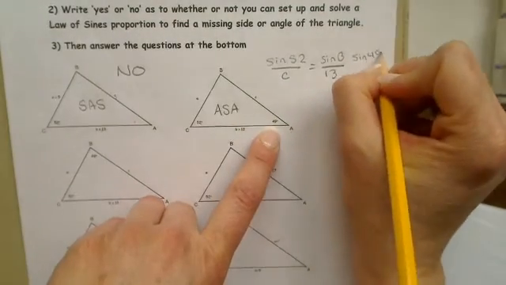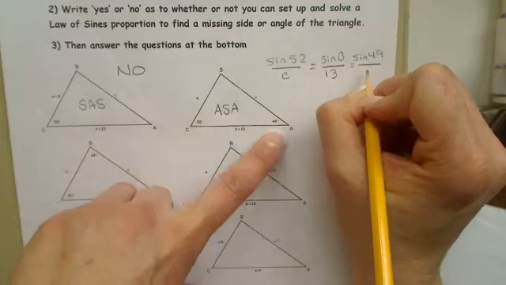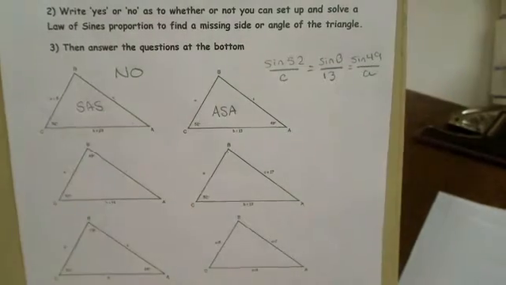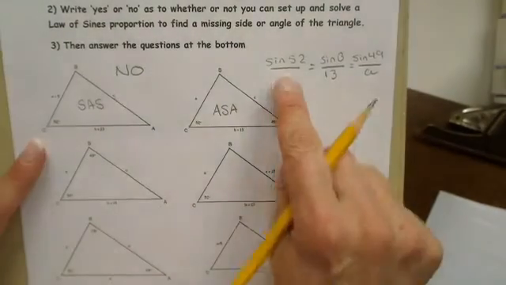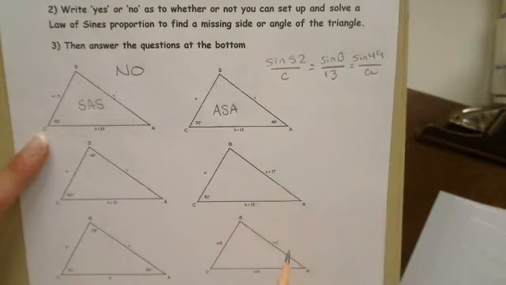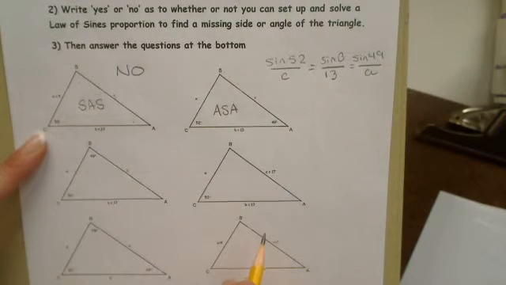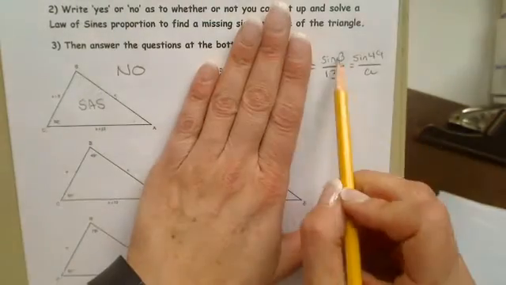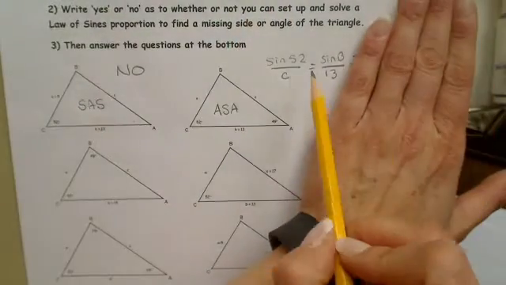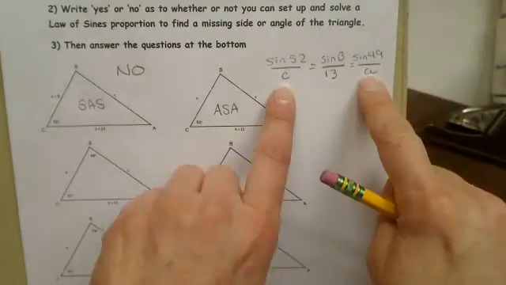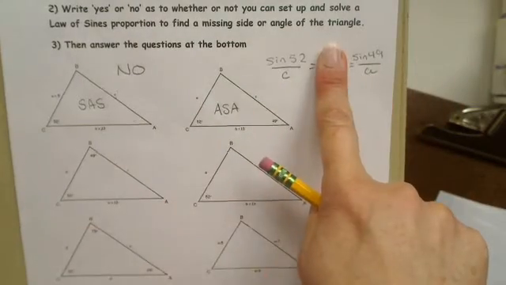Sine of 49 over A. At first glance, it's like, no, because no matter which 2 of these I use, I do not have a proportion in which I have only one unknown. 2 unknowns, 2 unknowns. If I use these 2 and mark out the middle, 2 unknowns.